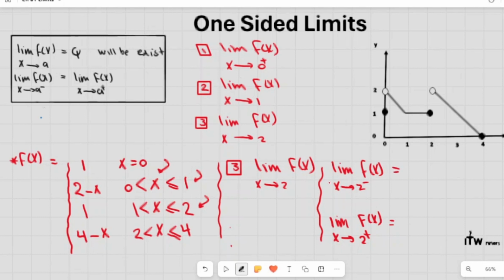That's defined on this interval, so this will be equal to 1. That's defined on this interval, so this will be equal to 4 minus x, and here x equals 2, so we have 2. Okay, the limit on the left hand doesn't equal the limit on the right hand, so this limit doesn't exist.